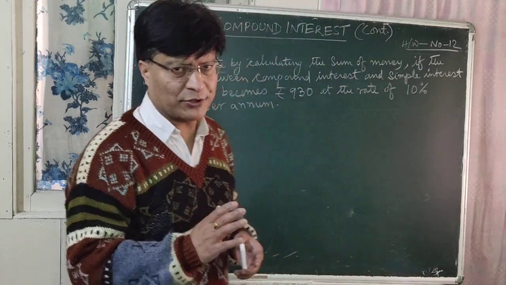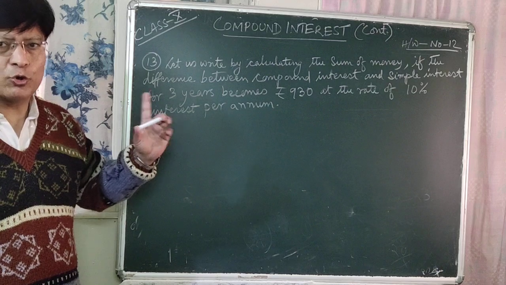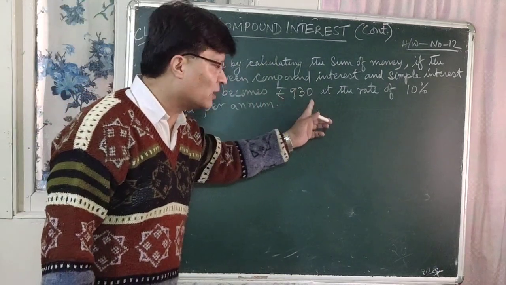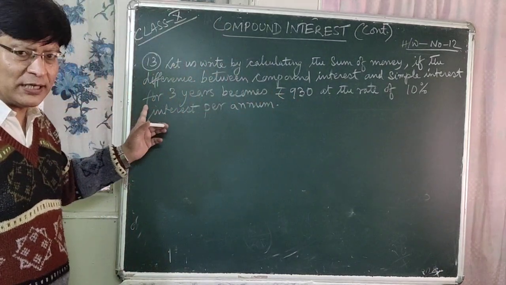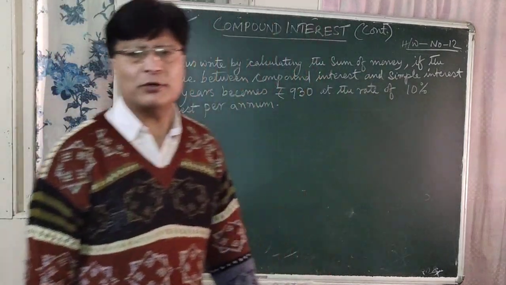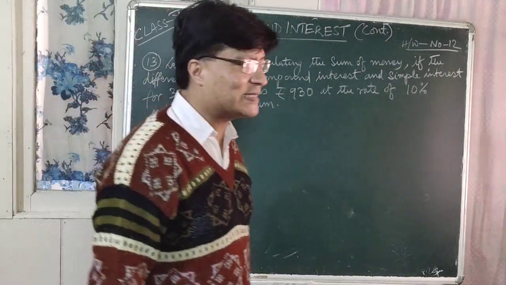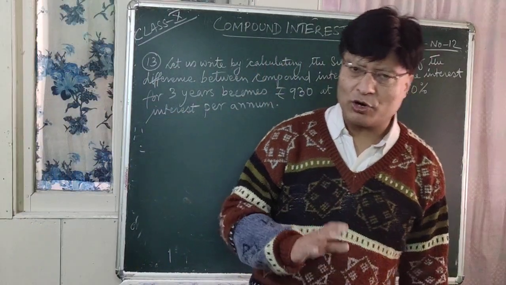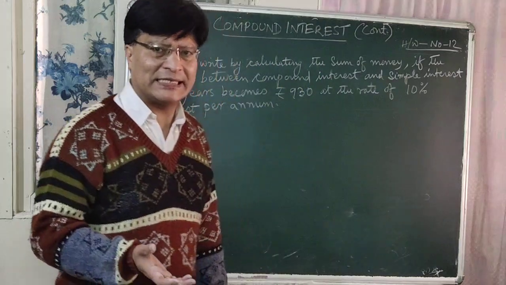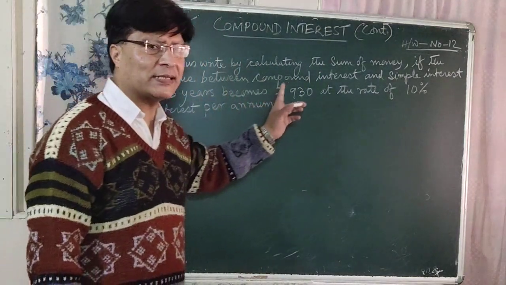If the difference between the compound interest and the simple interest becomes rupees 930 in 3 years at the rate of 10% interest per annum. In this case also you have to calculate both the compound interest as well as the simple interest.